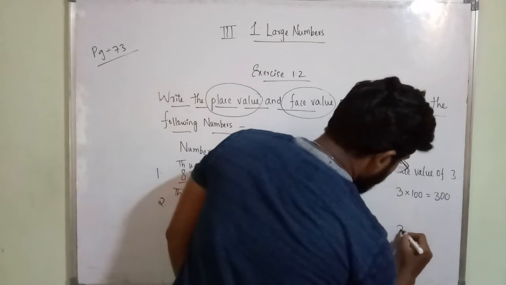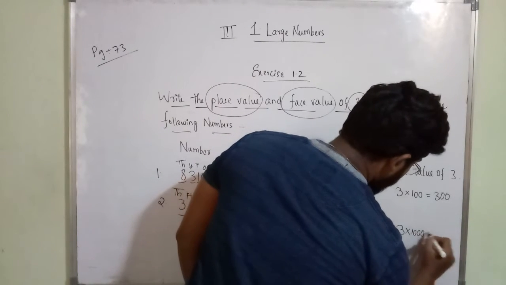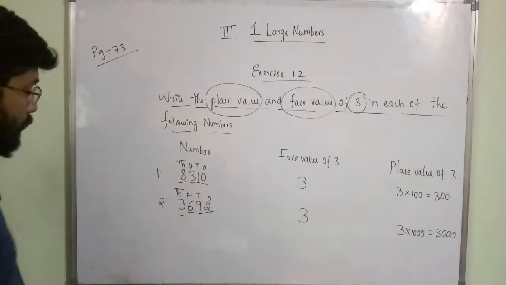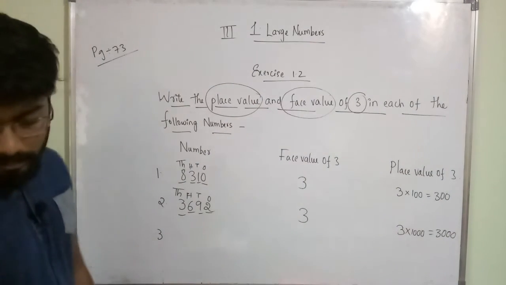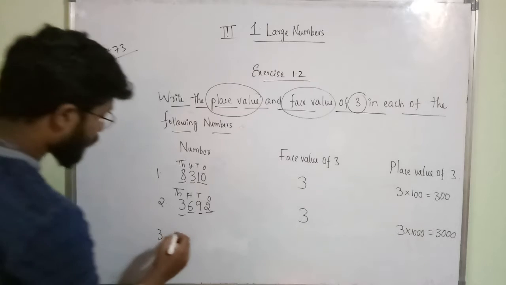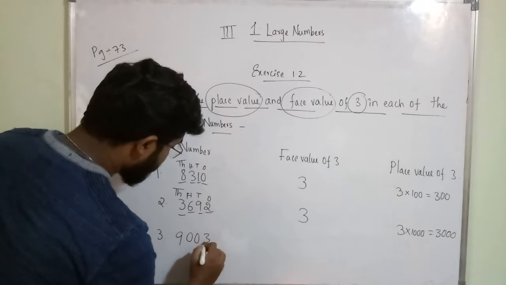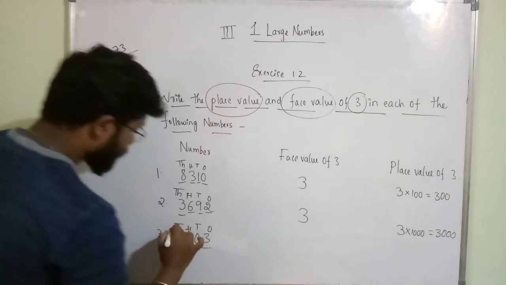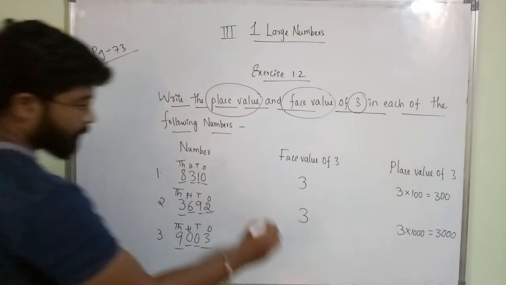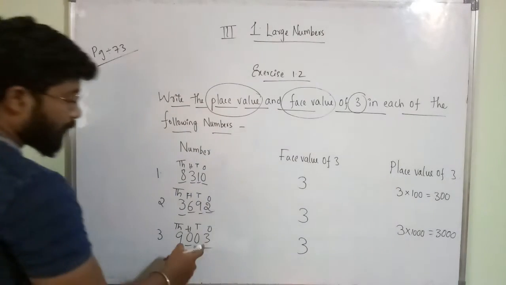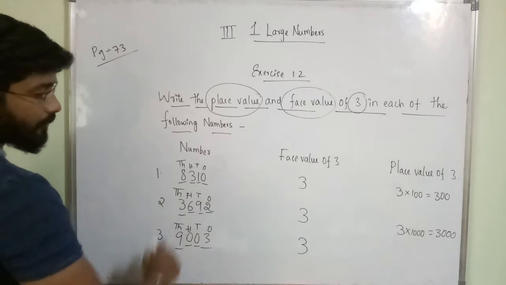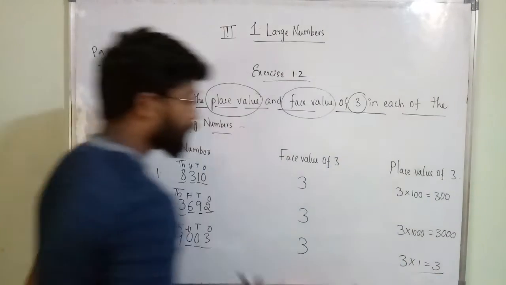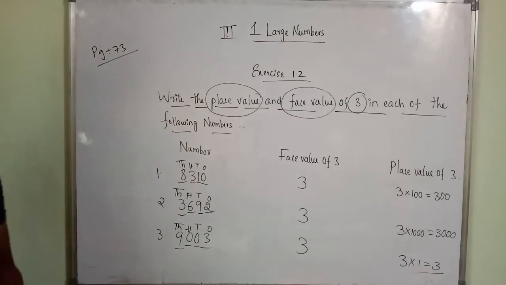So 3 into 1000 equals 3000. Clear? So next, the third one is 9003. Ones, tens, hundreds, this is thousands. Here face value of 3 is 3 only. What is the place value? 3 is in ones place, so 3 into 1 equals 3. Clear? So these 3 numbers we have completed.